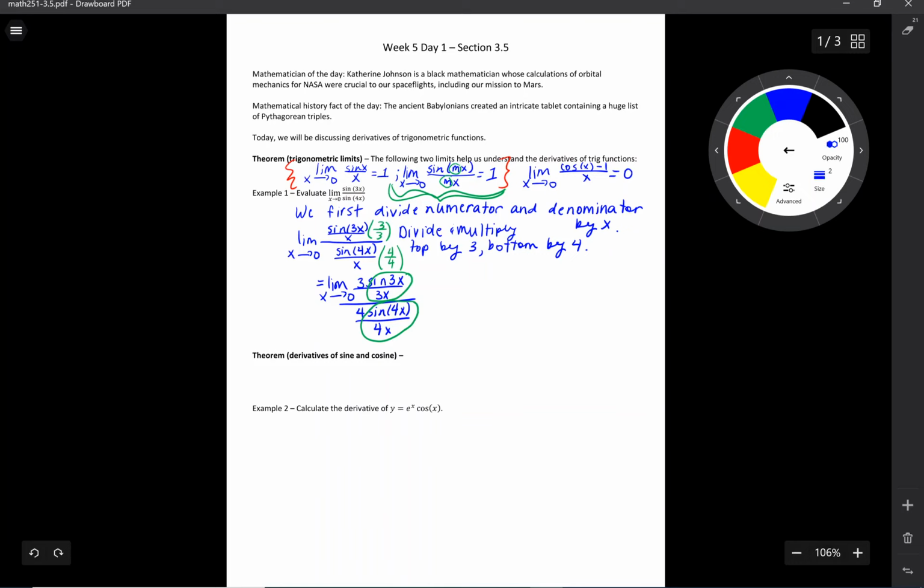So this just becomes the limit as x goes to 0 of 3 times 1 over 4 times 1, which is equal to 3/4. So we had to pull out some fancy tricks here, but this is kind of a good reminder as to where some of these funky trigonometric limits come from.